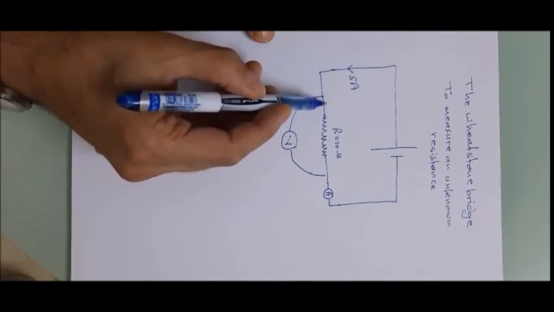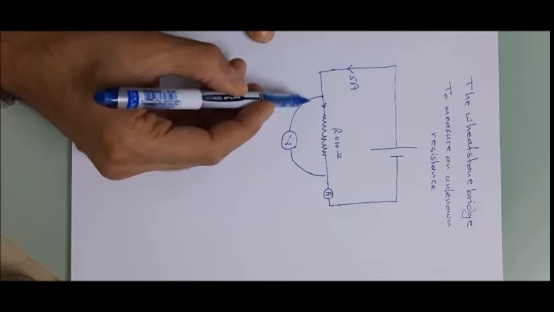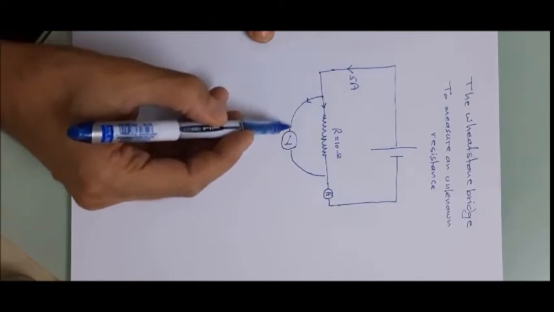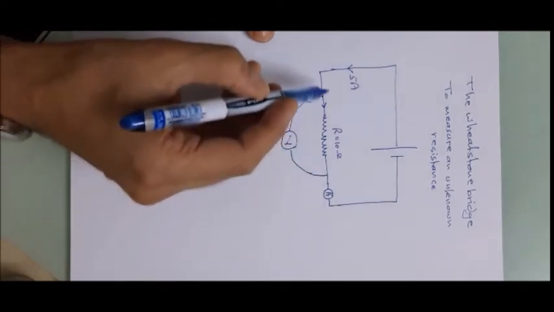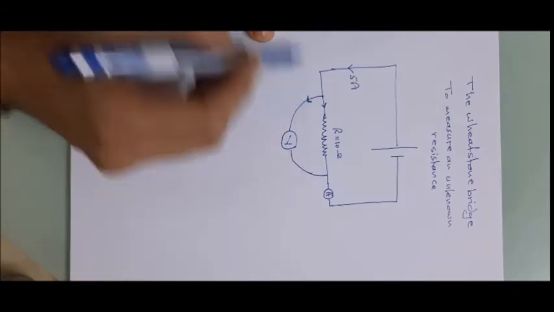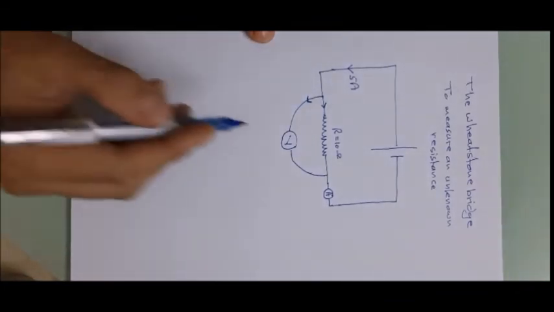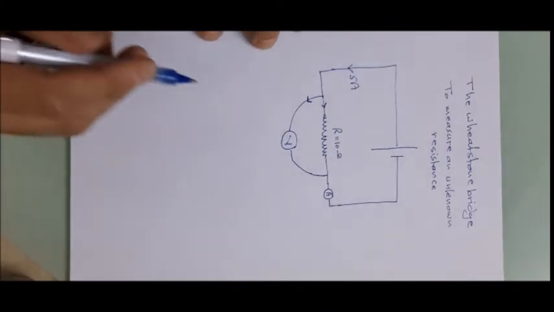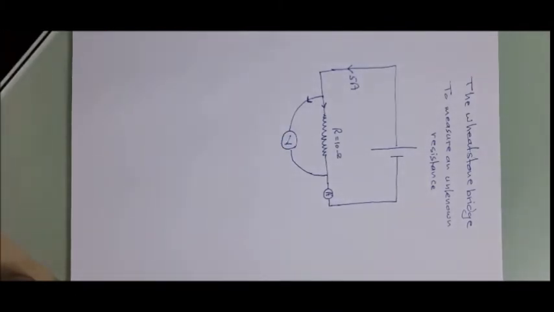Part of the current will go to the resistance and another part will go through the voltmeter, since there are two paths possible for the current. But this voltmeter is always made such that its resistance is very high in order to reduce the value of the current that passes through the voltmeter. But regardless of how small this current is, still there's a current that passes through it.